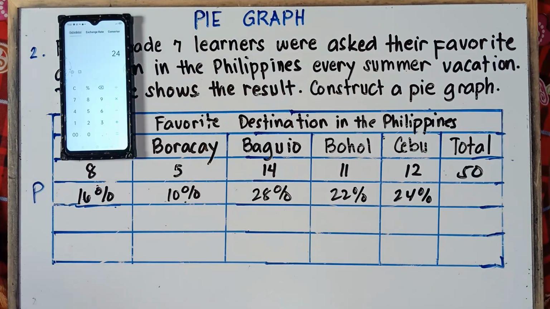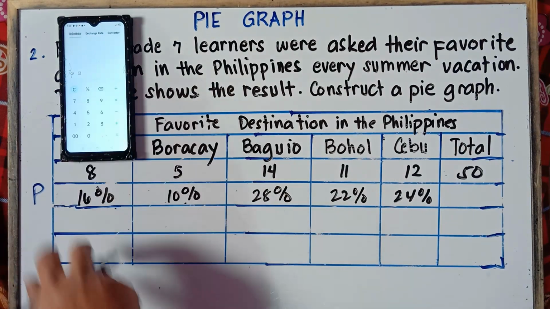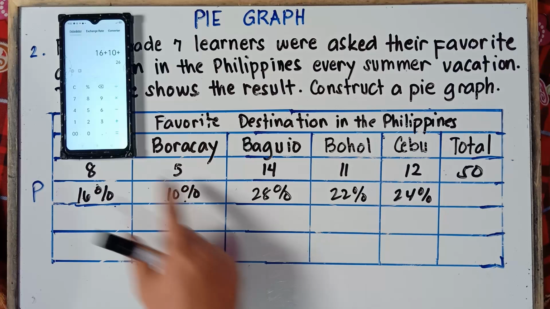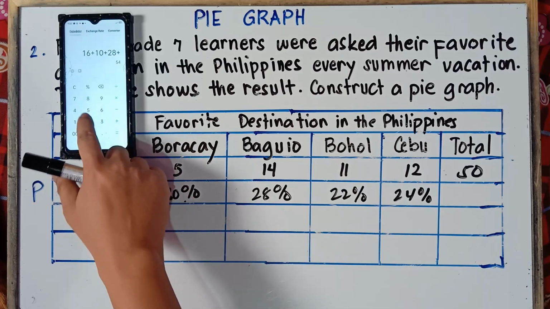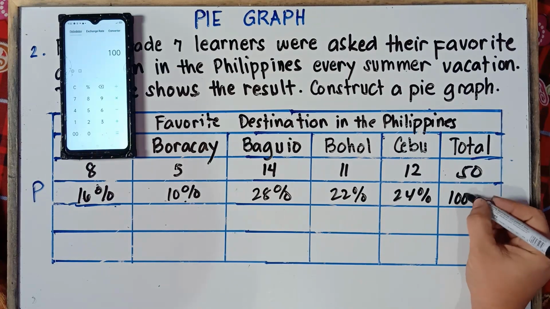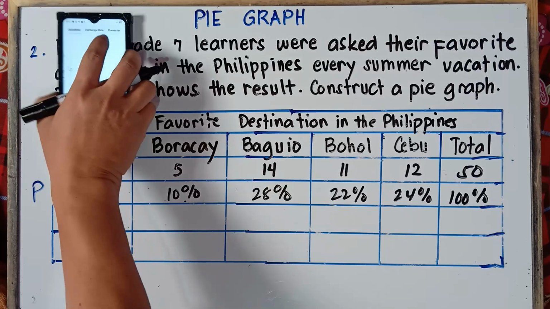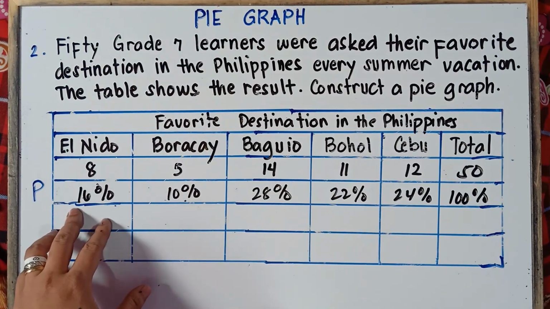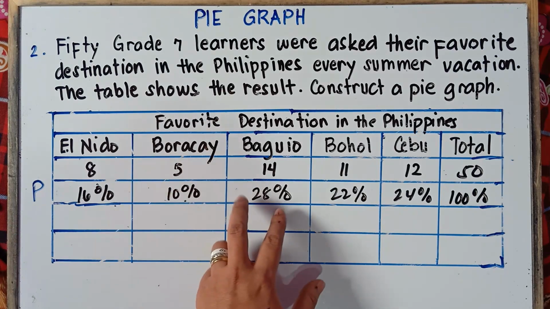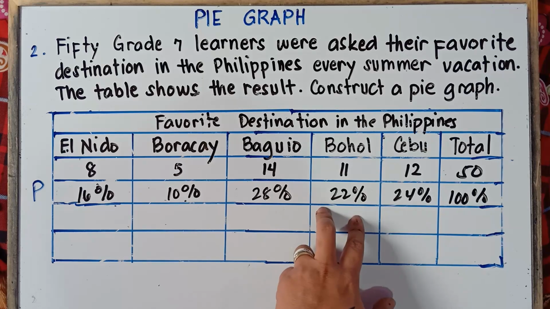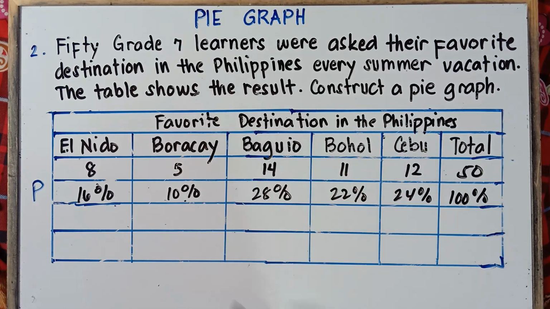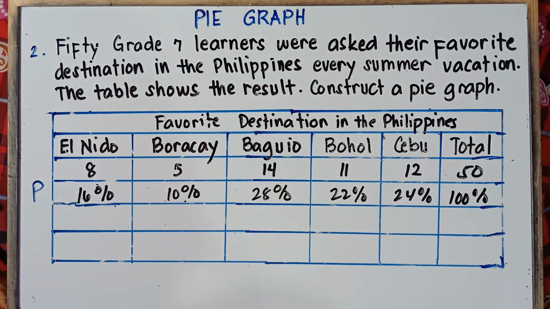The total should be 100%, so let's add this up: 16 plus 10 plus 28 plus 22 plus 24 is 100%. Therefore, we can say 16% for El Nido, 10% for Boracay, 28% for Baguio, 22% for Bohol, 24% for Cebu. And the total is 100%.